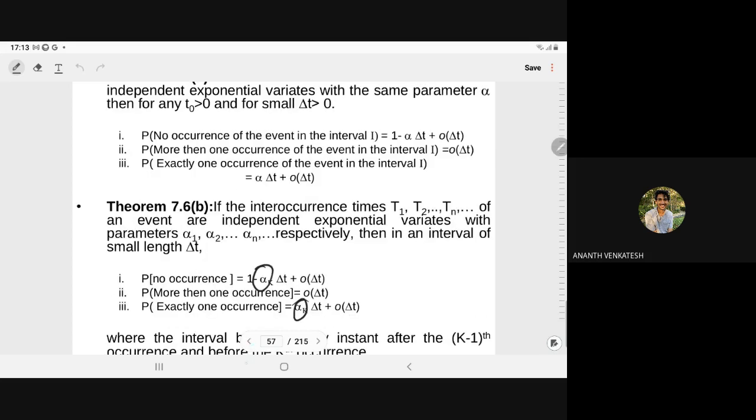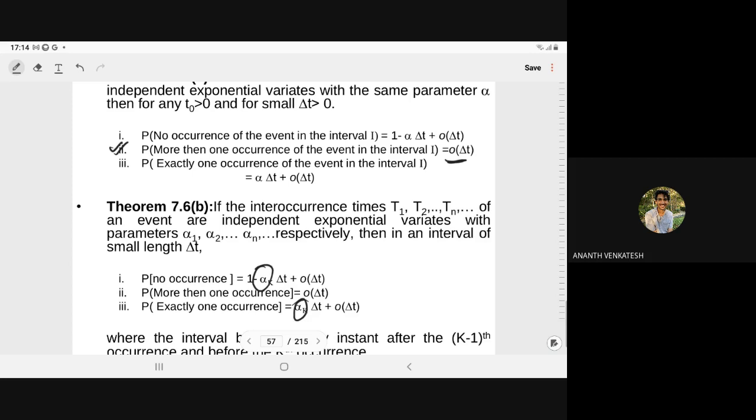No. Actually, in that case, the probability of more than one occurrence of an event in the interval is zero.